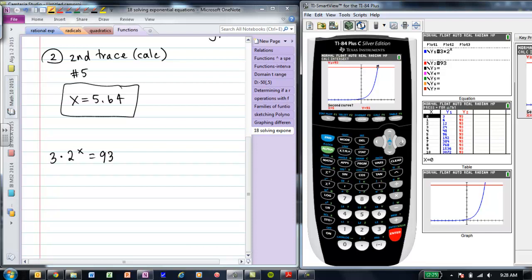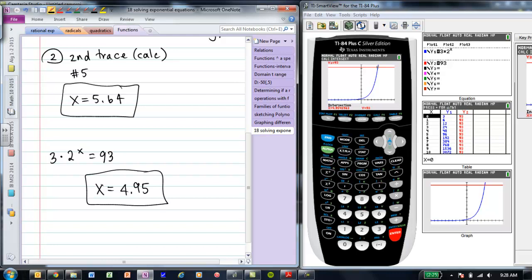I move along to the intersection point, hit enter. It guesses, I hit enter. And the actual answer is x equals 4.95. So now you know how to use your calculator in order to solve an exponential equation.